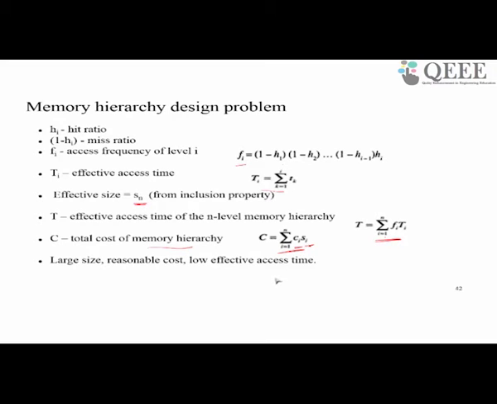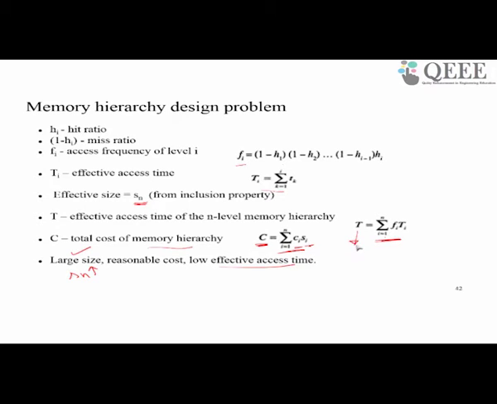So now we have a formula for the total cost of the memory hierarchy, the effective access time, and the total size. What we want in the memory design problem is a memory which is very large in size, that is Sn has to be very large, with reasonable cost, and low effective access time.